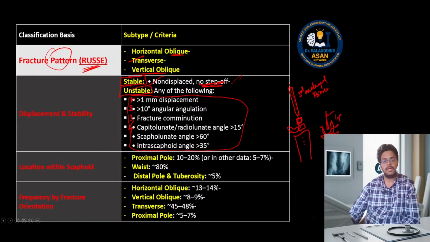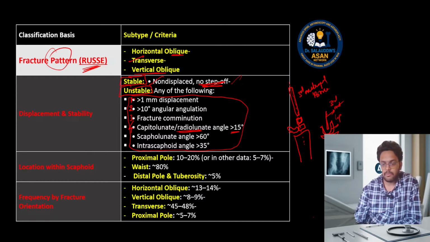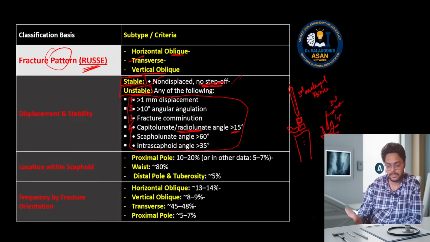So this forms the axis of the wrist joint. So the angle between radius and lunate should be less than 15 degrees. If it is more than 15 degrees when the scaphoid has been fractured and it has been moved or displaced, it becomes an unstable scaphoid fracture.